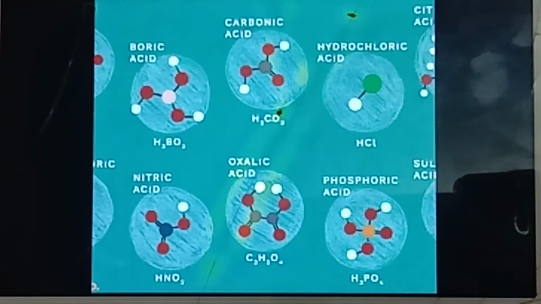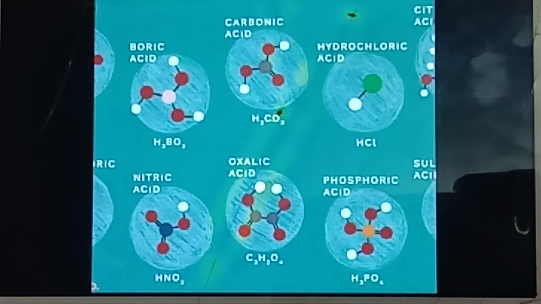For example, hydrochloric acid, that is HCl, sulfuric acid, that formula is H2SO4, and nitric acid, HNO3. So, in all of these there is a hydrogen ion. All of these release hydrogen ions.